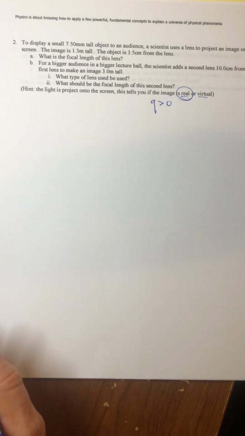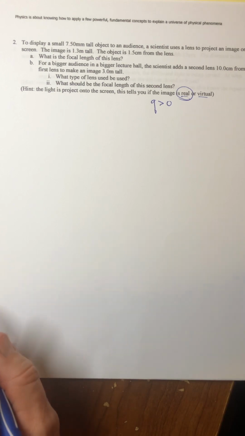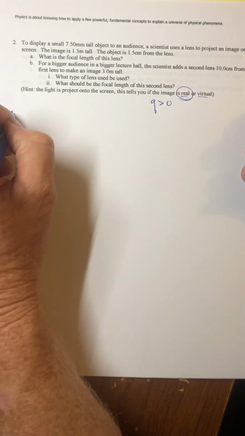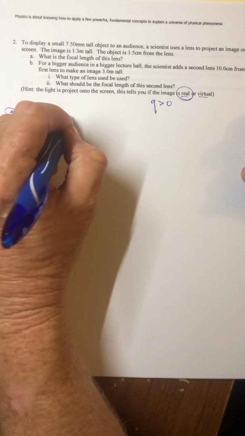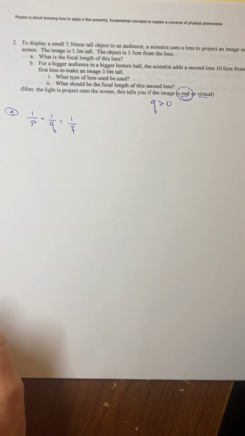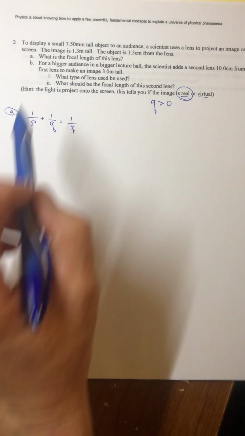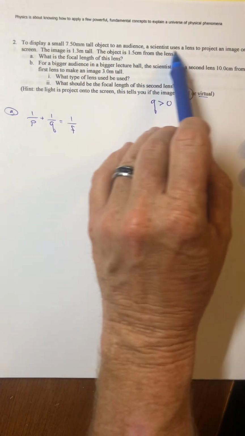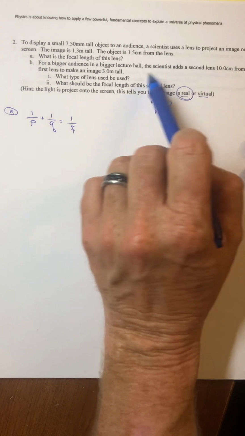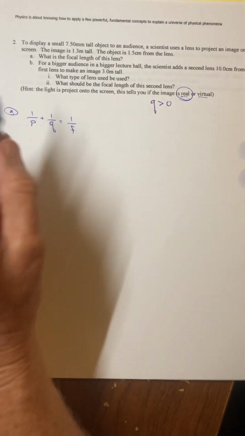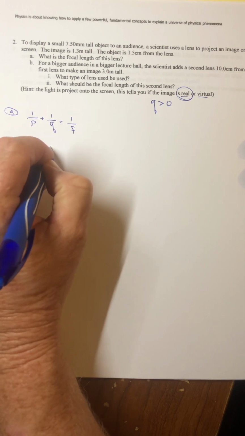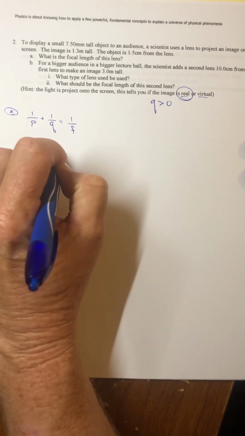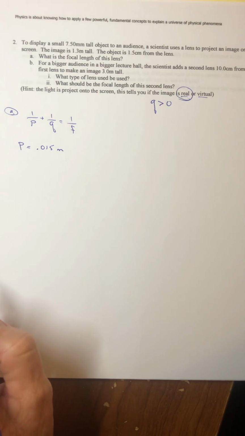All right. Well, my first thoughts here are to do 1 over P plus 1 over Q is equal to 1 over F. And they did tell me how far the object is, so P is, and I'm going to put it in meters, 0.015 meters.